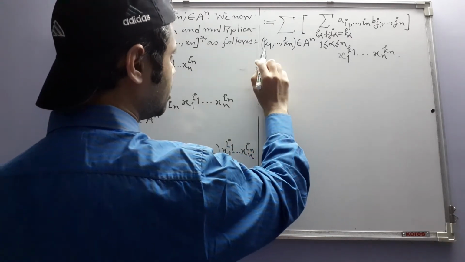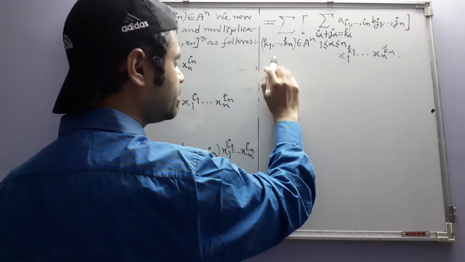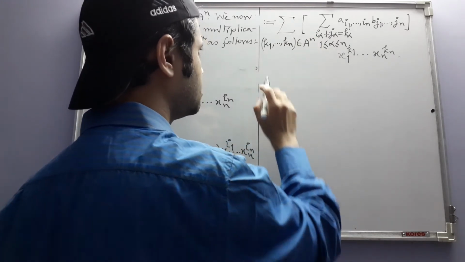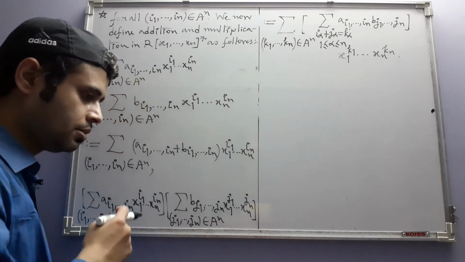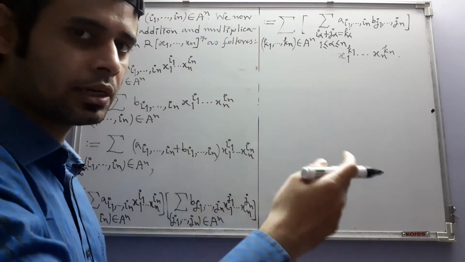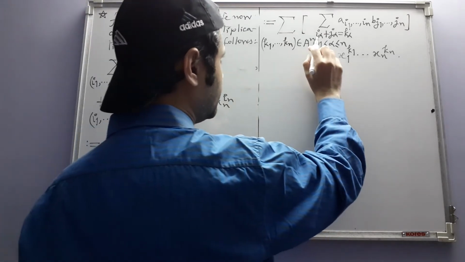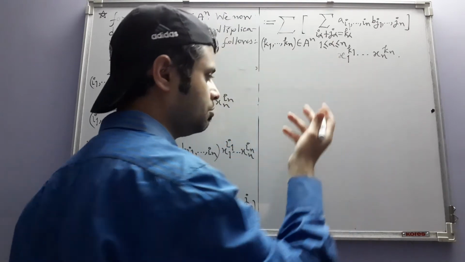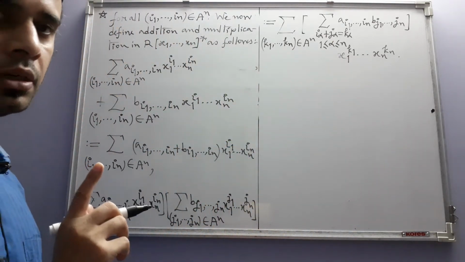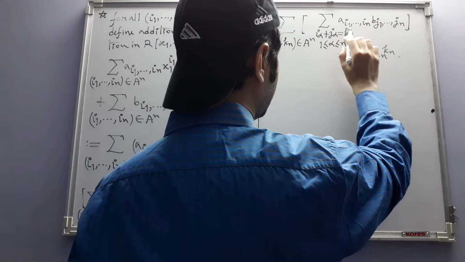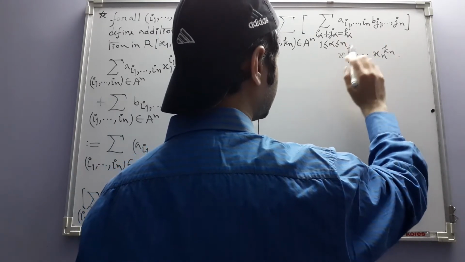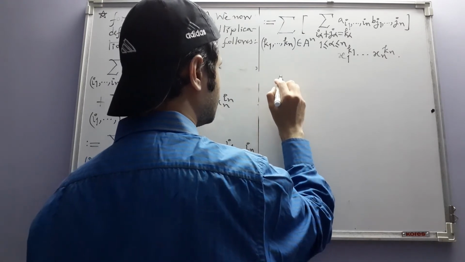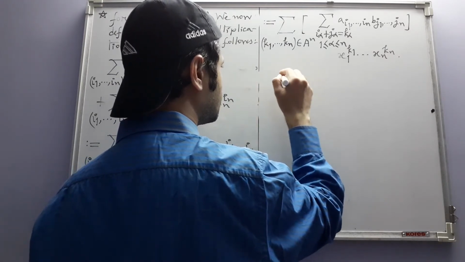If n is equal to 1, then we have only k1, and k1 varying over A1 means k1 is varying from 0 to infinity over the integers. Here you will have i1 plus j1 equal to k1. You won't have any alpha because there is only one index 1. a i1 b j1 x to the power k1, let me just write it. It will look like this.